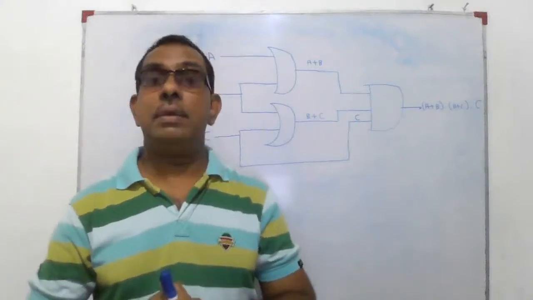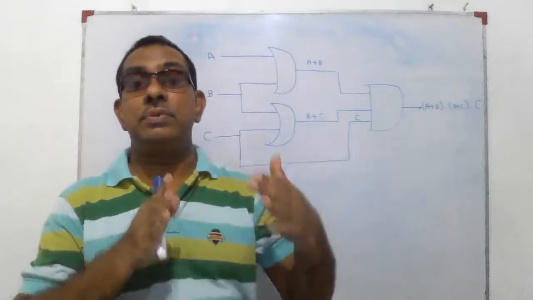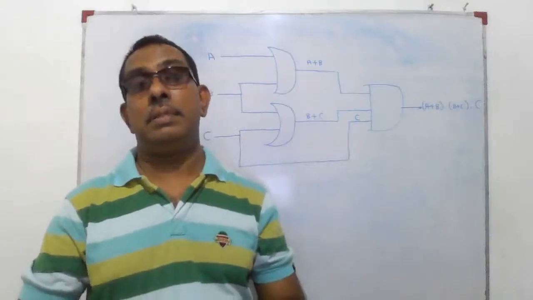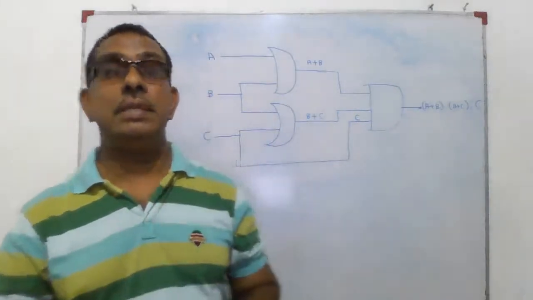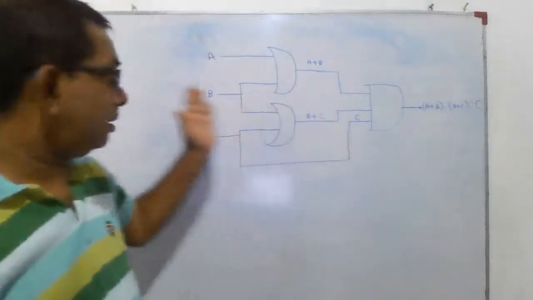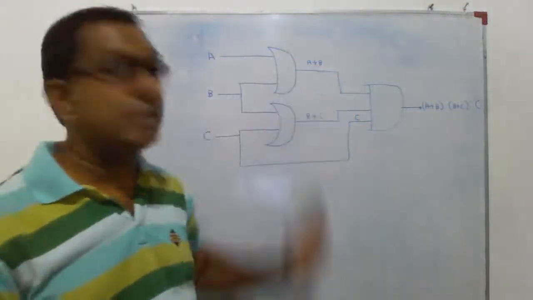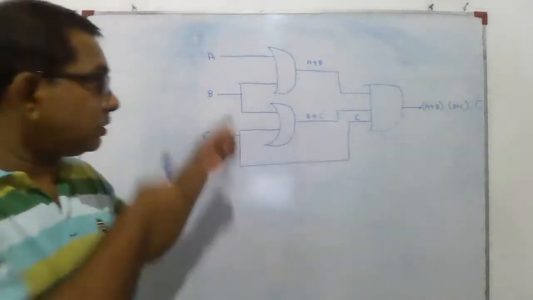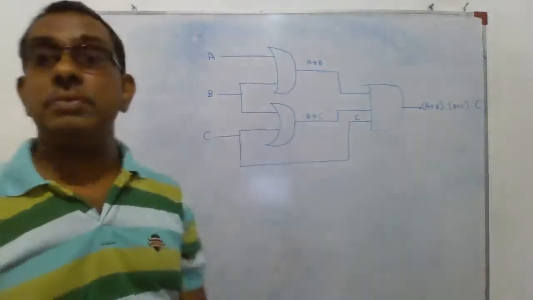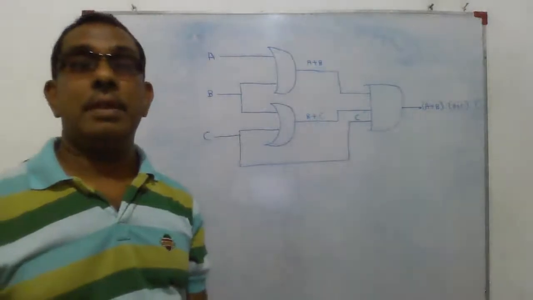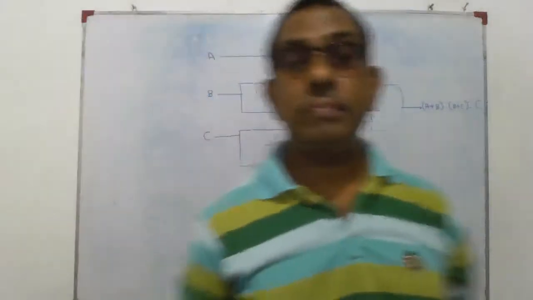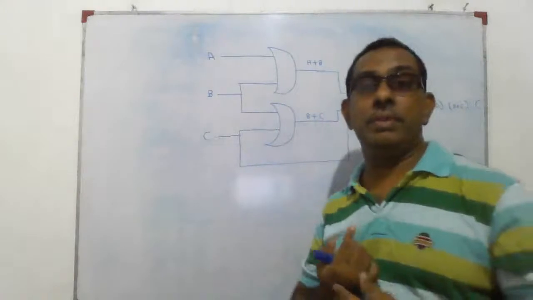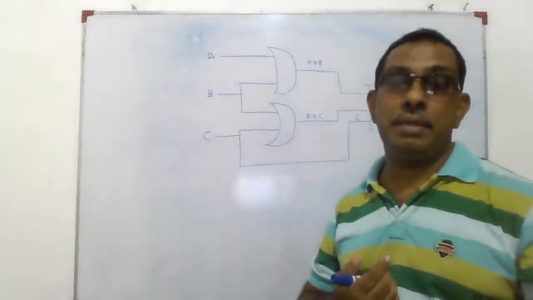So then it is easy to draw the truth table. But this time, what is the difference? They have given the logic gate circuit, and you are asked to draw the truth table.